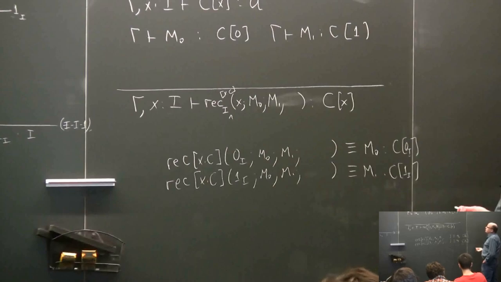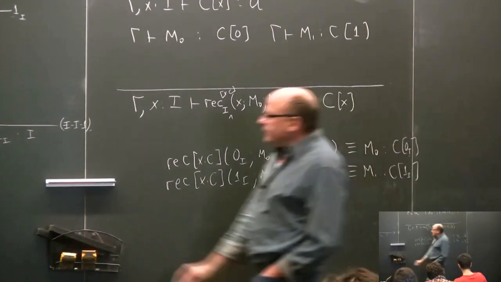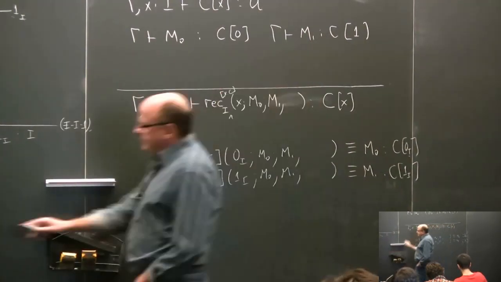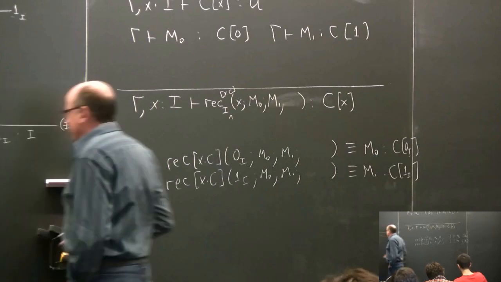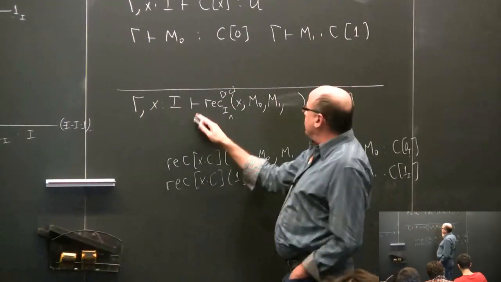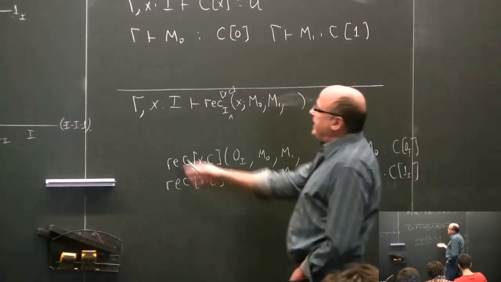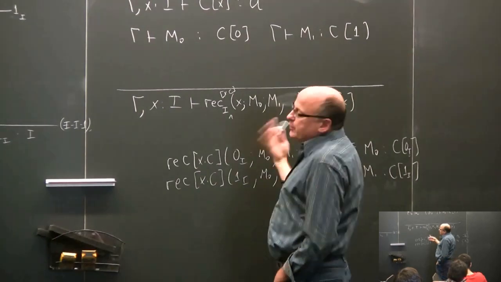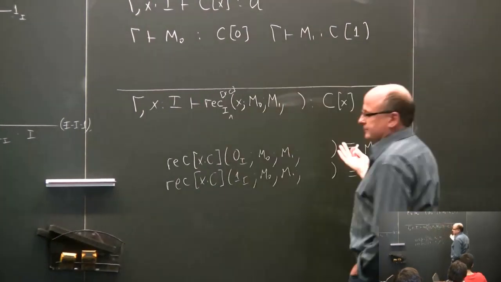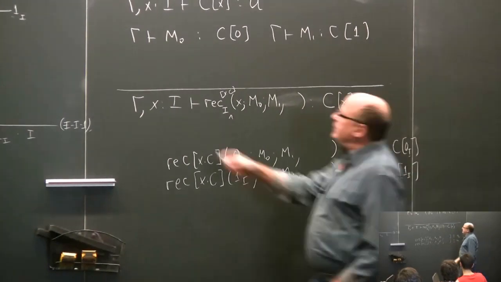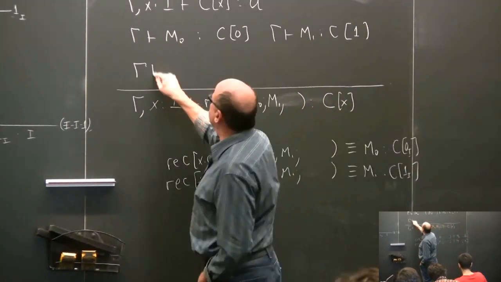Given what we've written so far, it's sort of clear that's what we're supposed to be doing. And then the issue is, what do we do about this other introduction rule? The other introduction rule amounts to saying that there's an equation in the interval between 0 and 1. If this is going to be functorial in x, then the only way to do that is to say whatever this does on 0 had better be equal to whatever it does on 1. By this principle that I've written here, that means m0 has to be equal to m1.